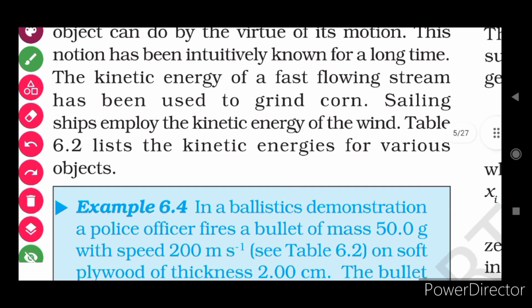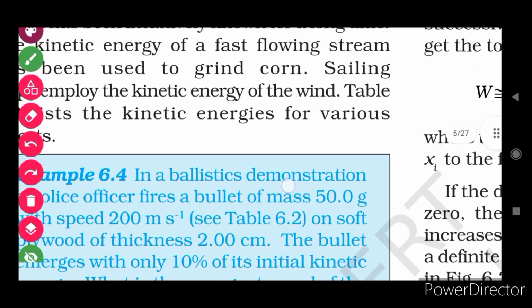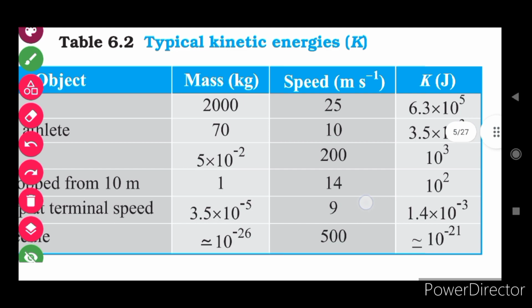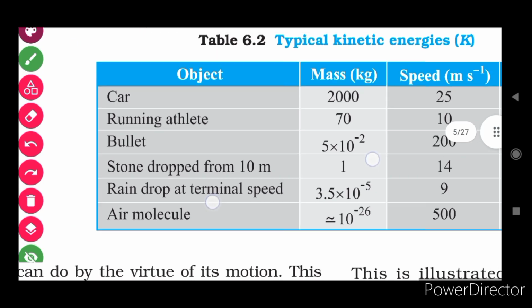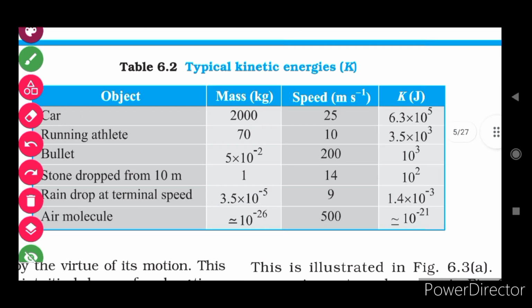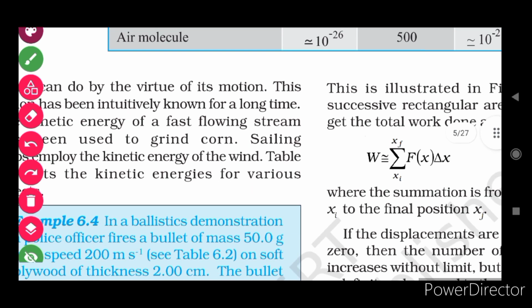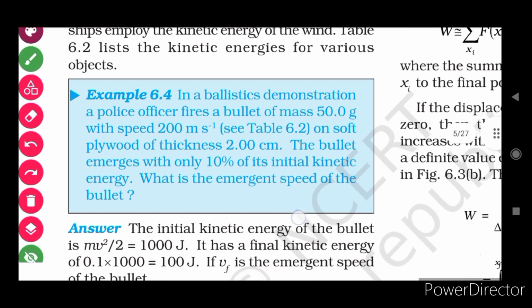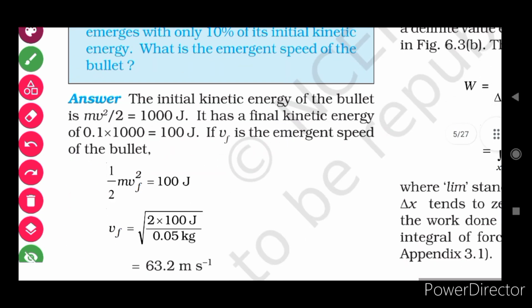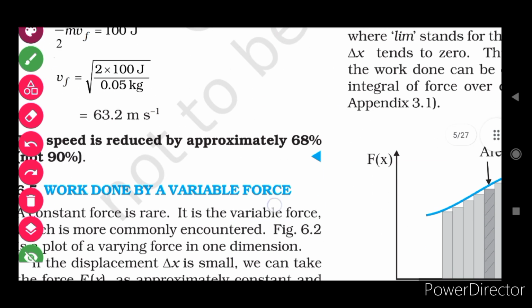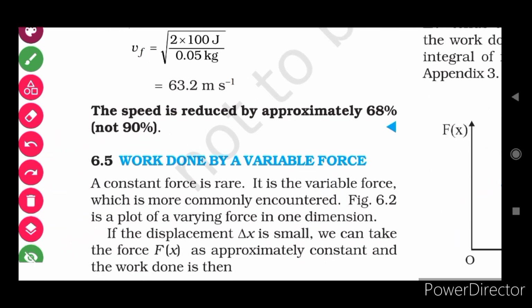After this, the kinetic energies of various objects are given, like a car. The mass is given, speed is given, half mv squared. You can calculate how much the kinetic energy of different objects is. And the real topic for class 11th is work done by a variable force.